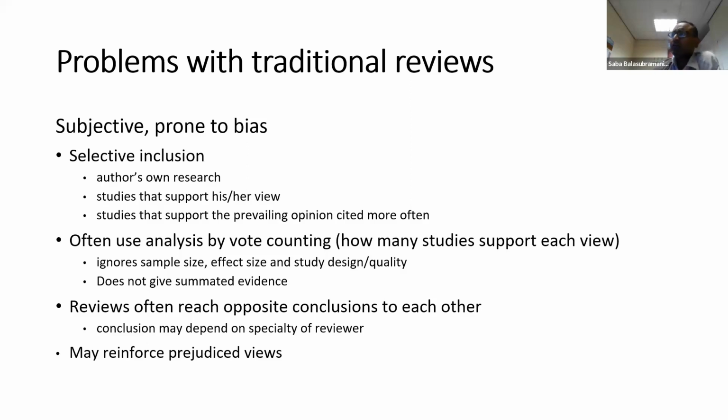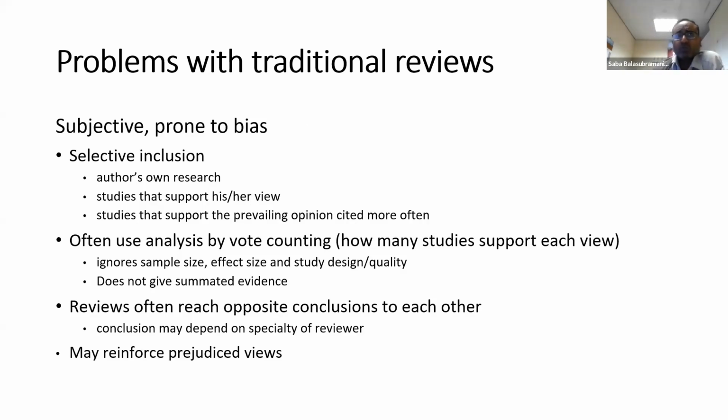And often the authors would include their own research into the review, and also might be inclined to use studies that support his or her view, and studies that support the prevailing notion of the time. So they're not considered necessarily to be comprehensive.